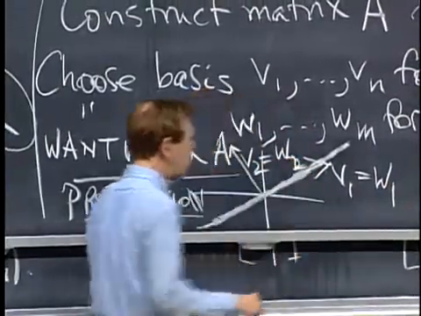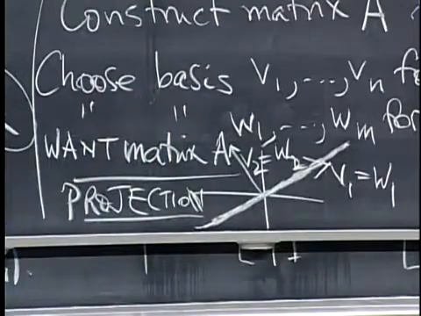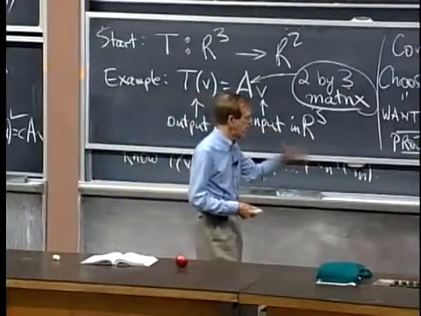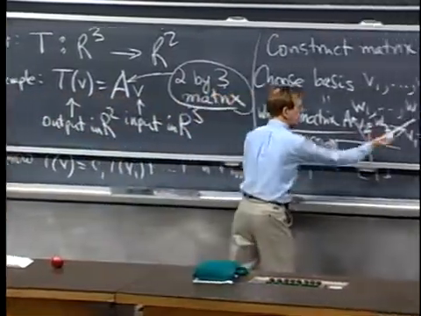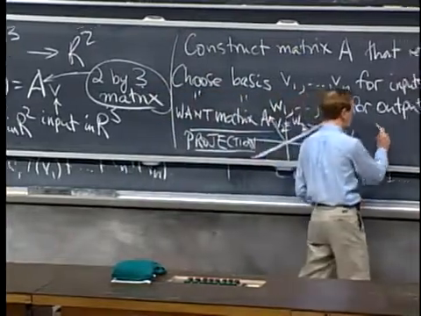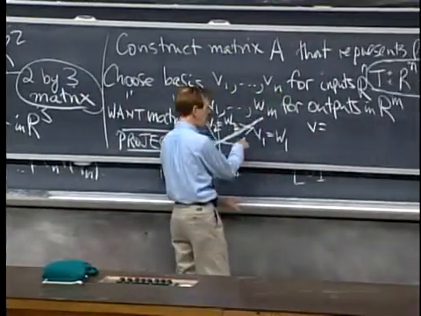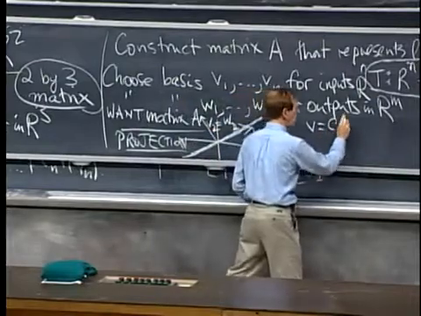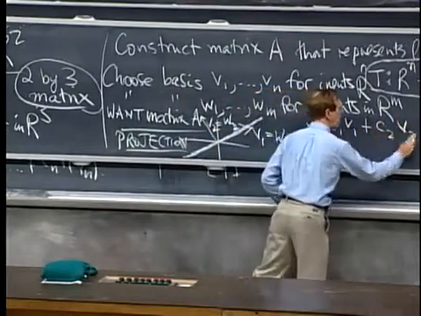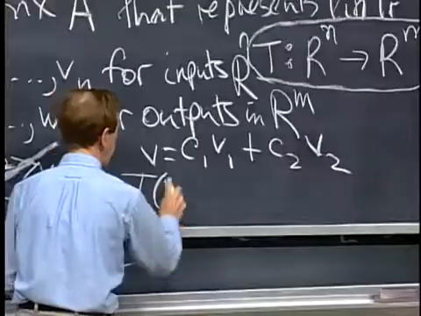And I'm going to ask you, what's the matrix? How do I describe this transformation of projection with respect to this basis? Okay, so what's the rule? I take any vector v, it's some combination of the first basis vector and the second basis vector. Now, what is T of v?